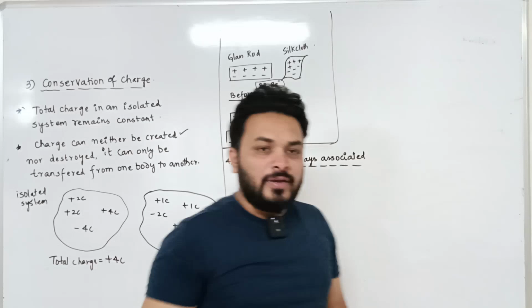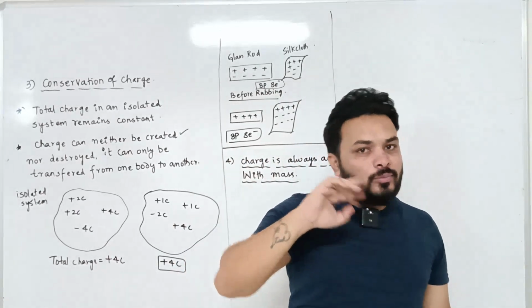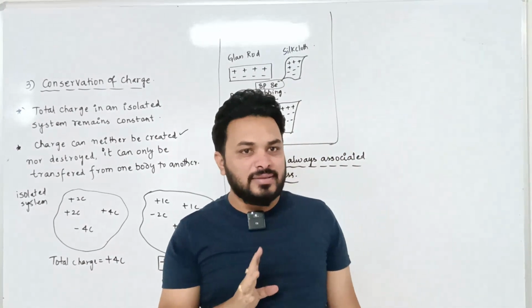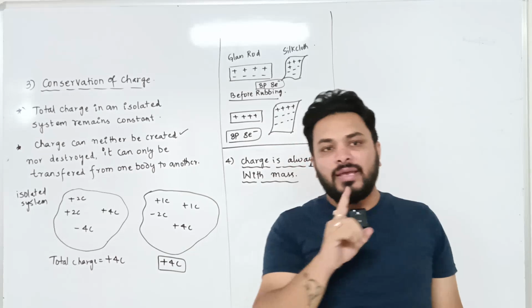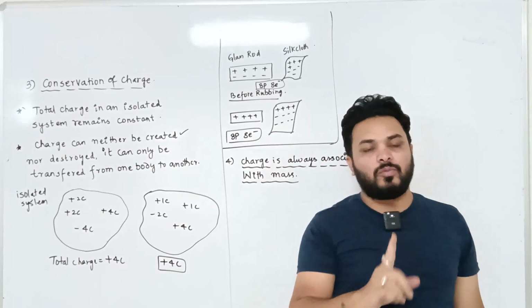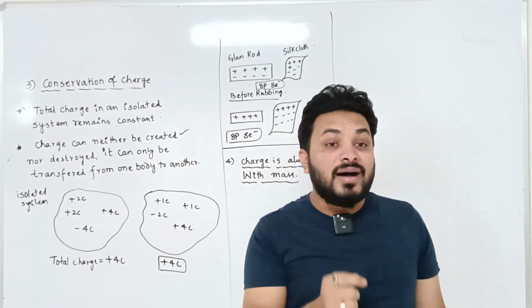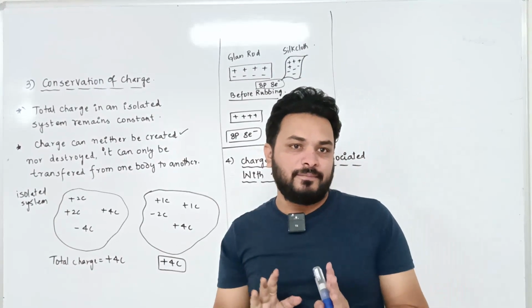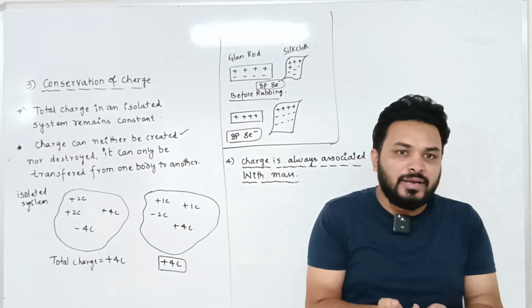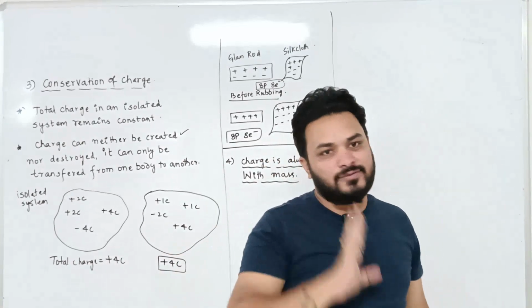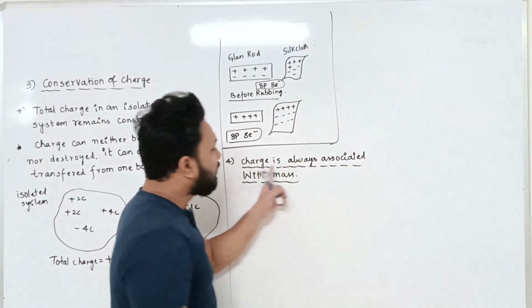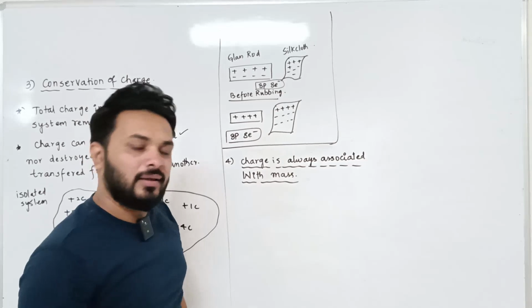Whenever an electron is transferring from one body to another body, it has mass. How much mass? 9.1 into 10 to the power minus 31 kg. If one electron is transferring from one body to another, its mass is also transferring. If 2 electrons are transferring, 2 into 9.1 into 10 to the power minus 31 kg mass is transferring. This we are calling charge is always associated with mass.